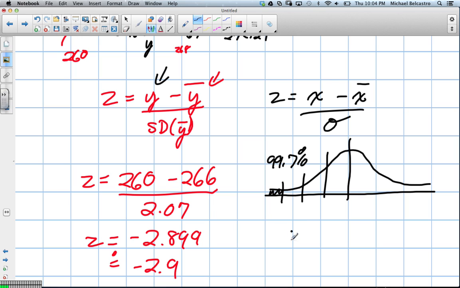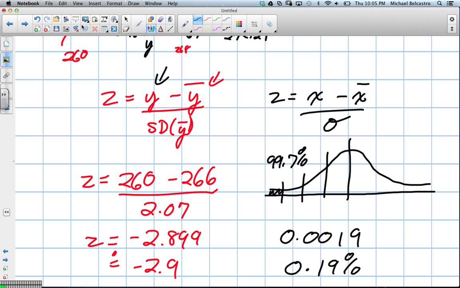It's 0.0019. As a percentage, that's 0.19%, not even 1%. It's extremely unlikely that the average of these pregnancies will be less than 260 days.